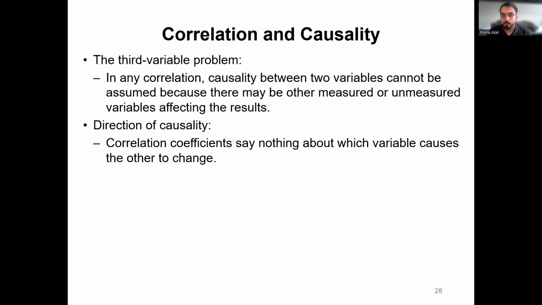As I said, correlation is not causation. In any correlation analysis, in any analysis measuring relationship or association, causality between two variables cannot be assumed because there may be other measured or unmeasured variables affecting the results.